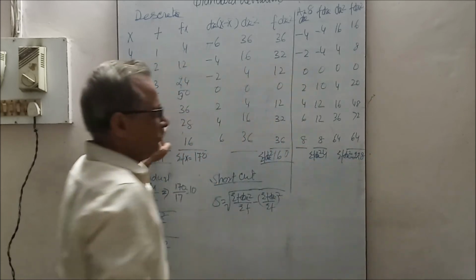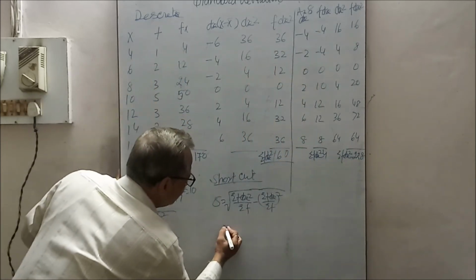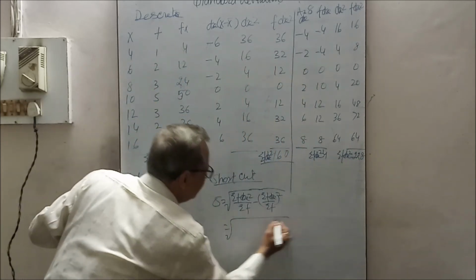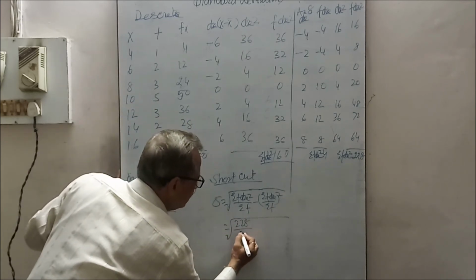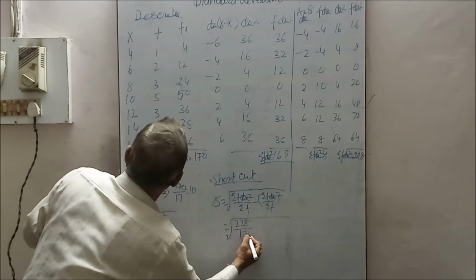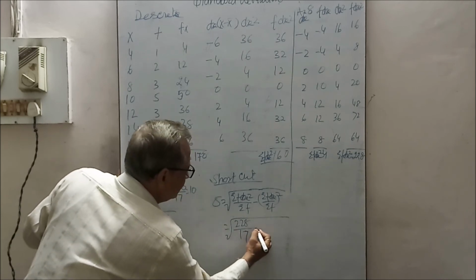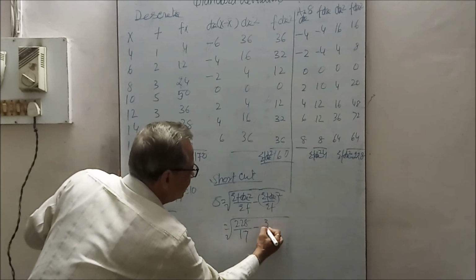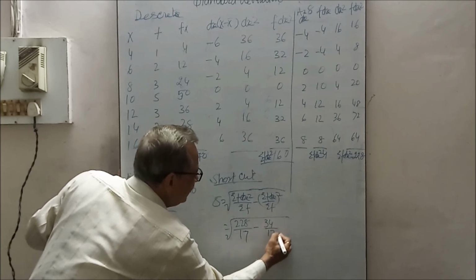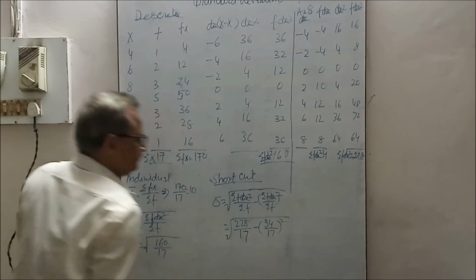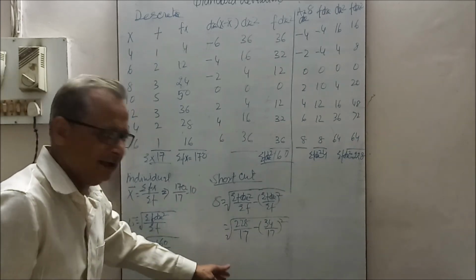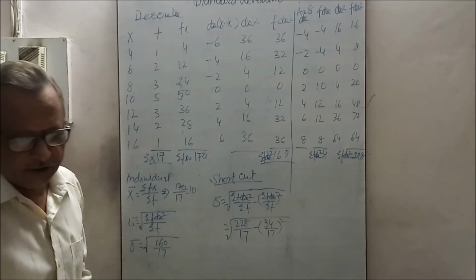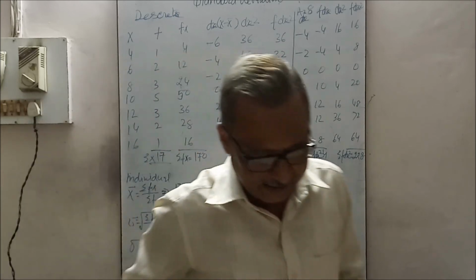The total of this is 228. Now put in the formula: f dx square is 228 upon 17 minus 34 upon 17 whole square, then simplify it and break the under root. You will find the standard deviation.